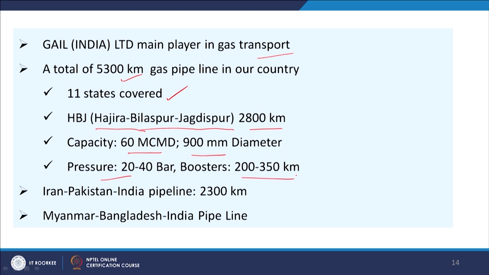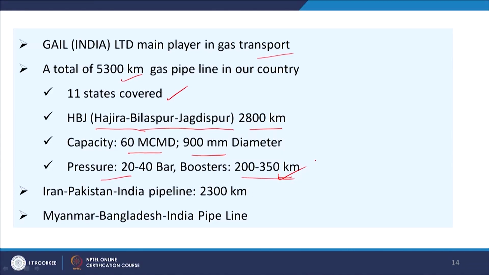There are booster pumps 200 to 350 kilometers apart. The gas is transferred through pipelines, and during the transfer it loses its pressure, so booster pumps are required to pressurize it for movement from one place to another. That is the role of the booster, and this is the pipeline specification.